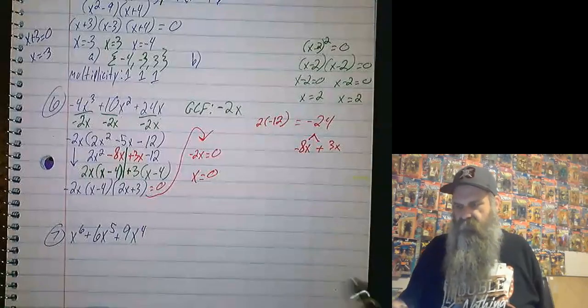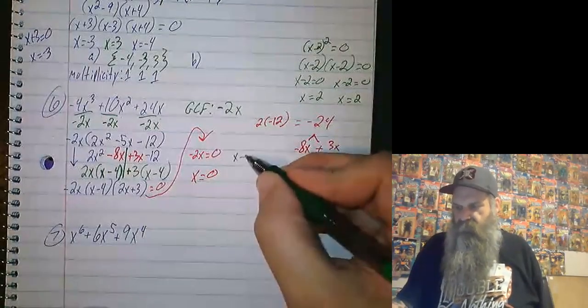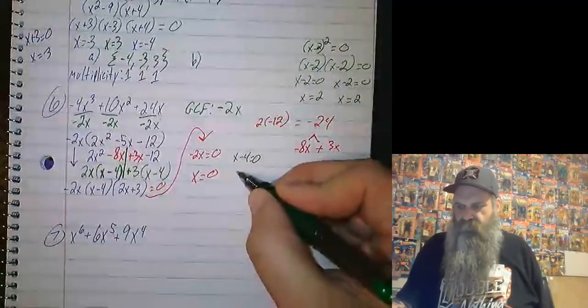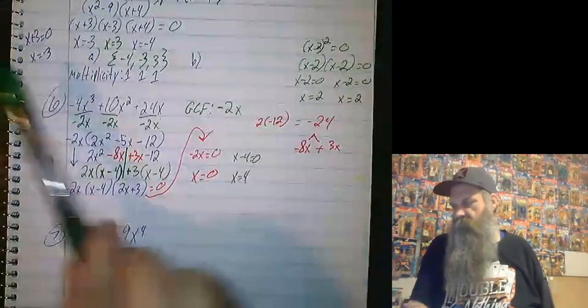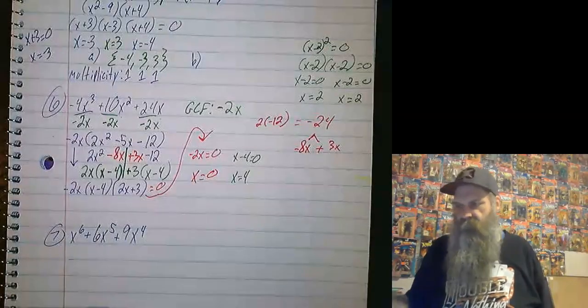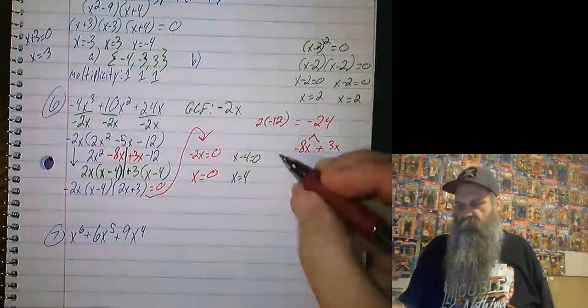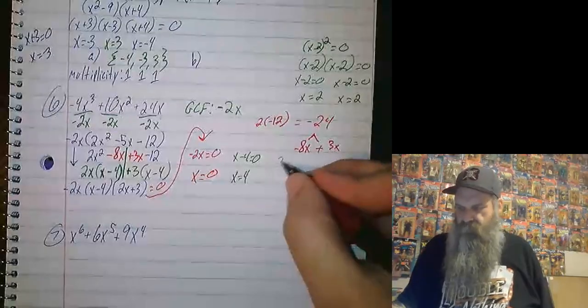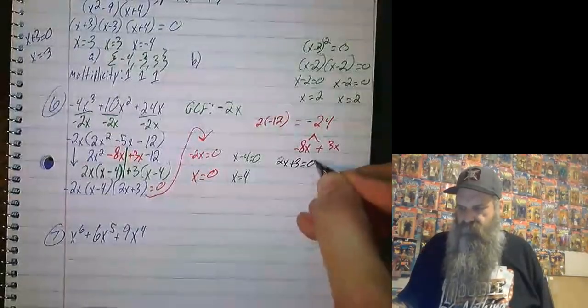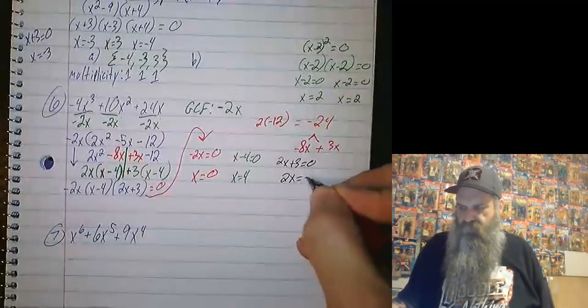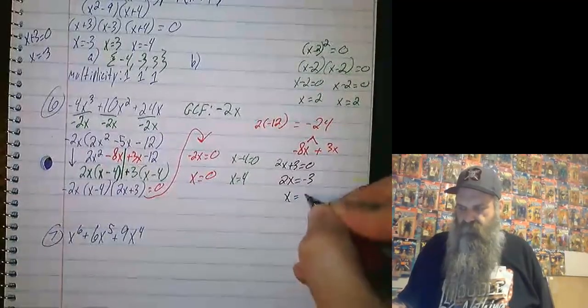And then we have x minus 4 equals 0. That's just x equals 4. This one is 2 steps. The 2x plus 3 equals 0. Subtract 3 from both sides and divide by 2.